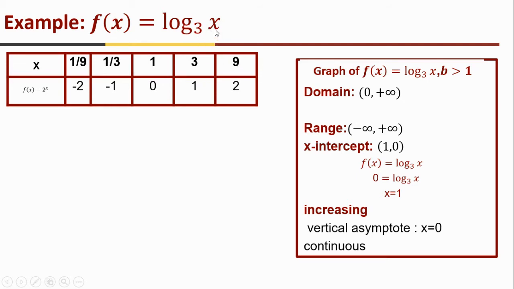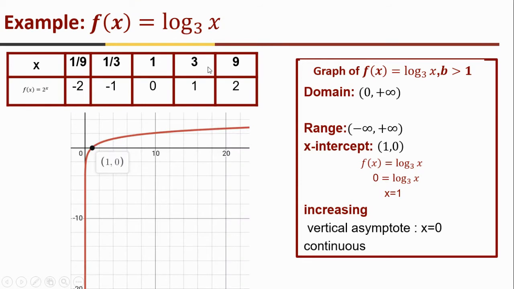Then I have here 3 squared, which is 9. I will still use the property. So, if you have log with base 3 of 3 squared, what happens is the exponent is the answer. So, you'll have here 2. And here, you have 1/3 or just 3 to the power of negative 1. So, your answer is negative 1. So, it is easier if you use multiples of 3.